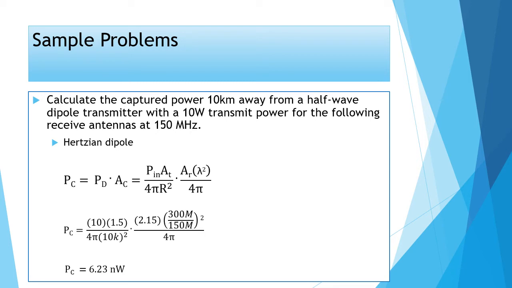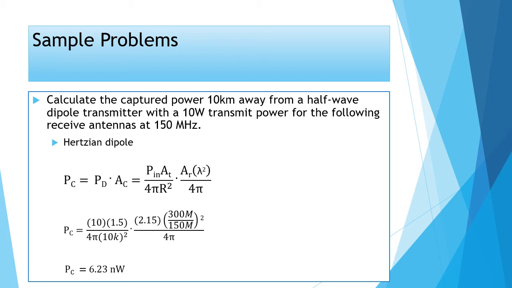Now let's multiply all of that with the capture area. It's equal to A sub r, which is the receiving antenna gain, times lambda squared, this is the wavelength of the electromagnetic wave being transmitted or being received by the receiving antenna, divided by 4 pi. So let's just plug in the values in our equations.